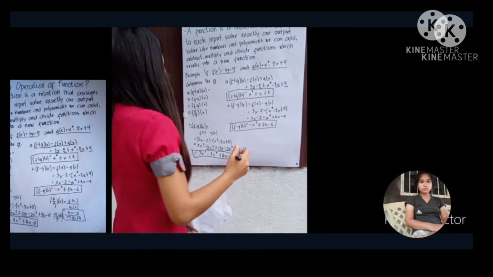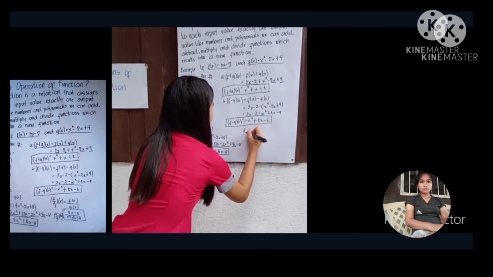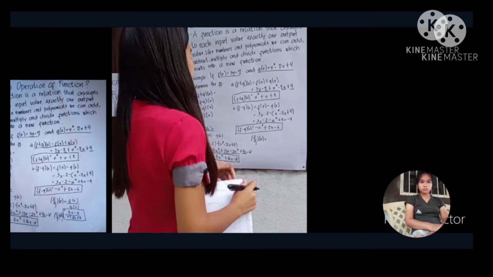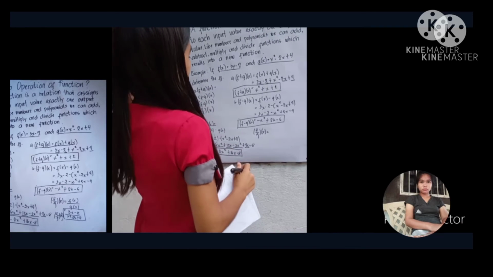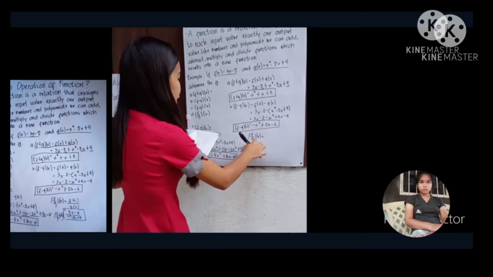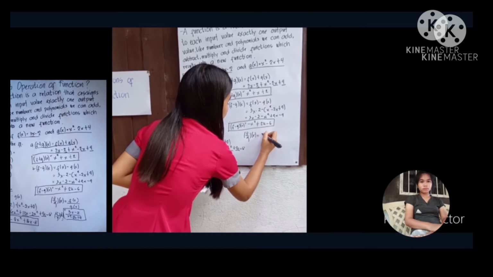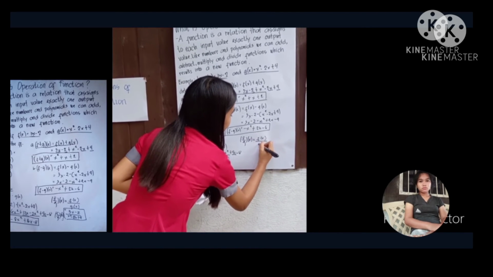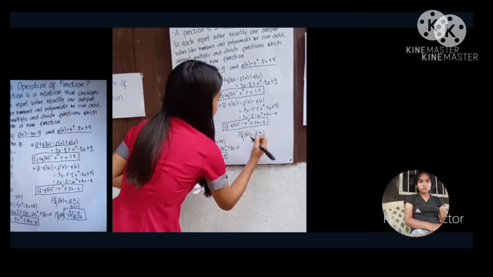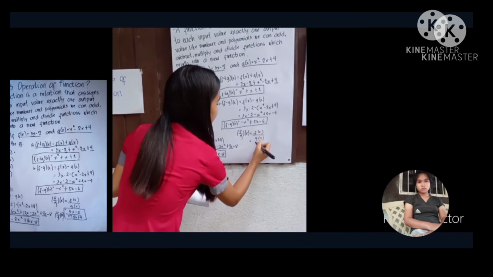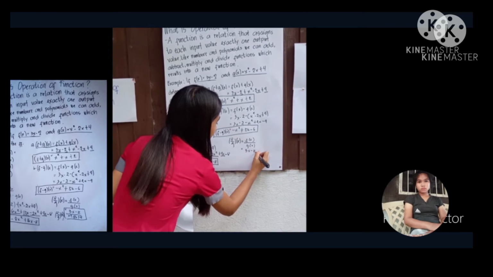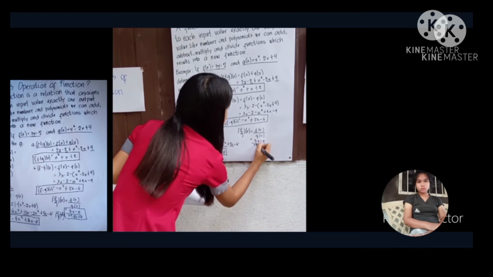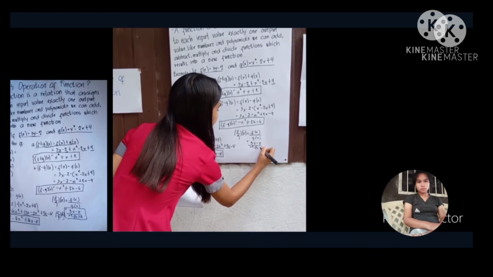Now, the last one, f over g of x, f divided by g of x. This is equal to f of x divided by g of x. The value of f of x is 3x minus 2 divided by g of x, which is x squared minus 2x plus 4.